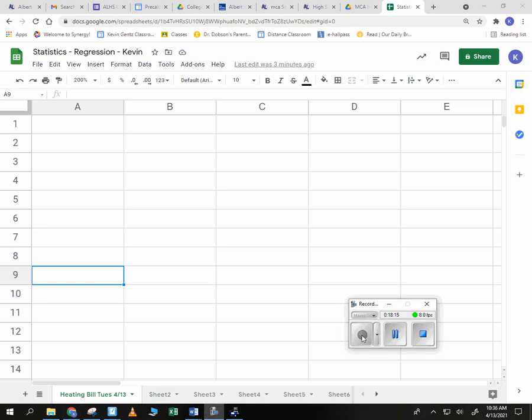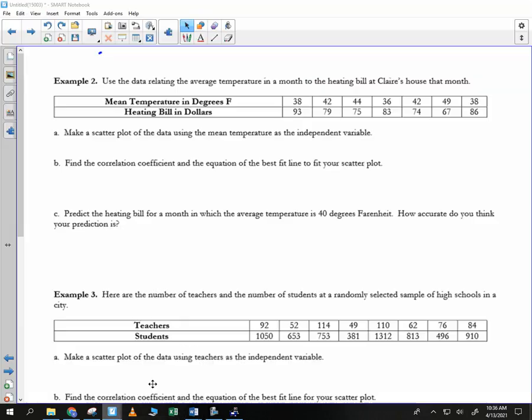Look at what we see here, and the problem is we have, as I bring this up, it says, use the data relating the average temperature in a month to the heating bill at Claire's house that month. So you can see the average temperature, and you can see the heating bill. It says make a scatter plot of the data using the mean temperature as the independent variable.